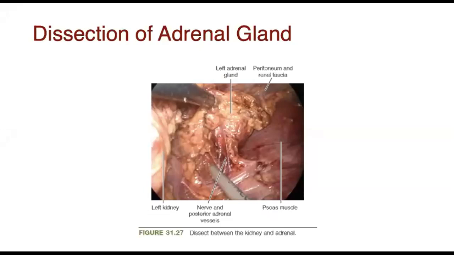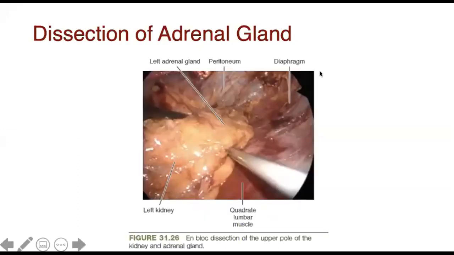The plane between the medial surface of the adrenal gland and the lateral vena cava is then bluntly dissected to expose the adrenal vein. The adrenal vein is then isolated with a right angle instrument, or you can use a Mixter forceps. The vein is then ligated with silk ties or surgical clips.